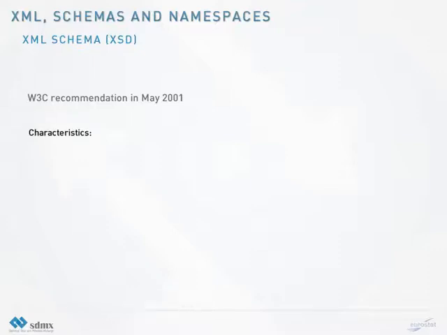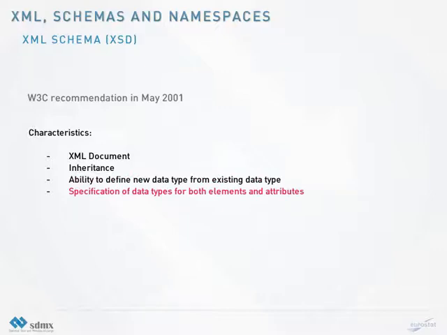The benefits of using XSD schema are: XSD schema is an XML document. XSD schema supports inheritance, which means that one schema can inherit from another schema. XSD schema provides the ability to define new data types from the existing data type, and to specify data types for both elements and attributes.